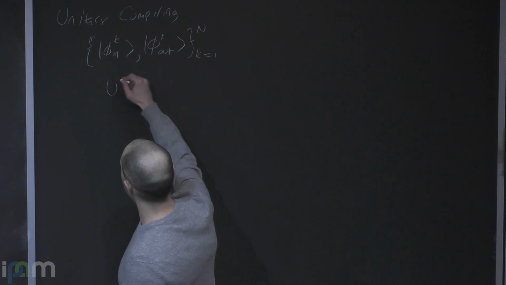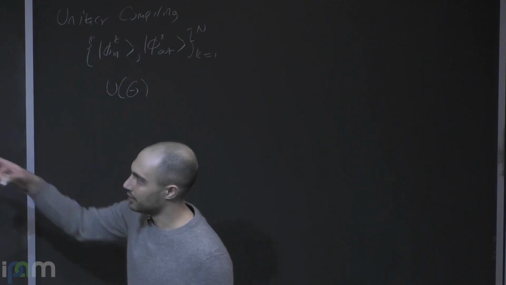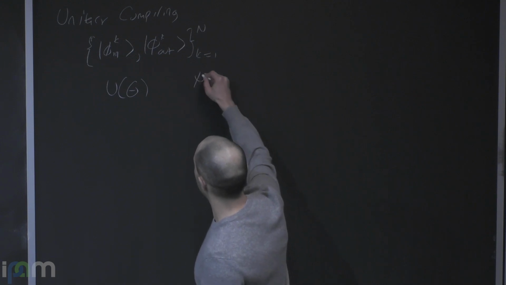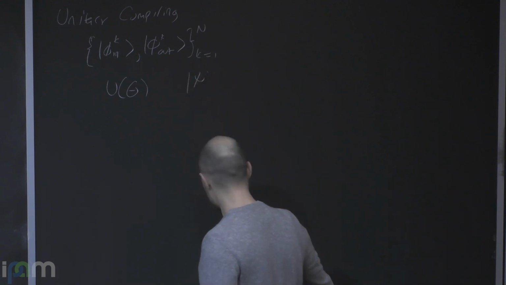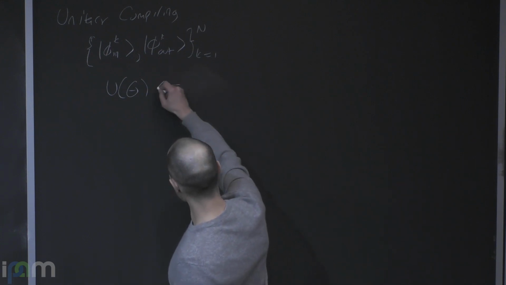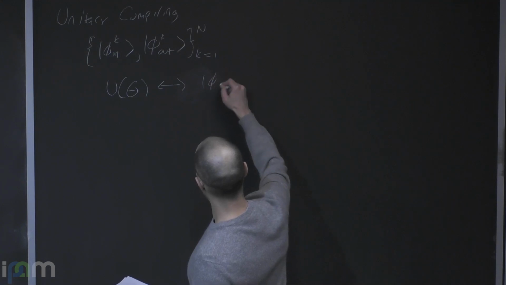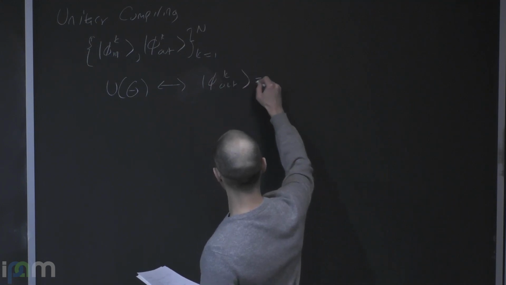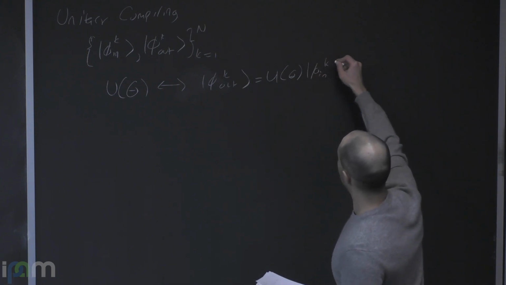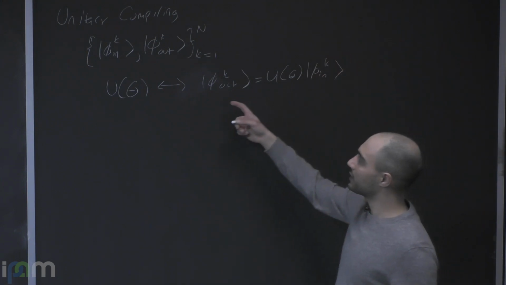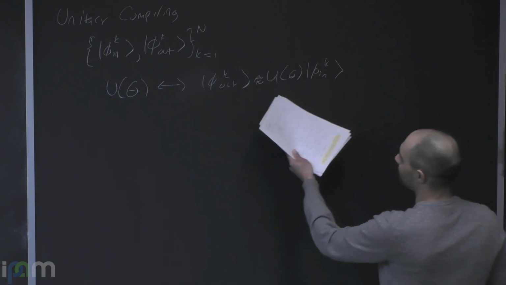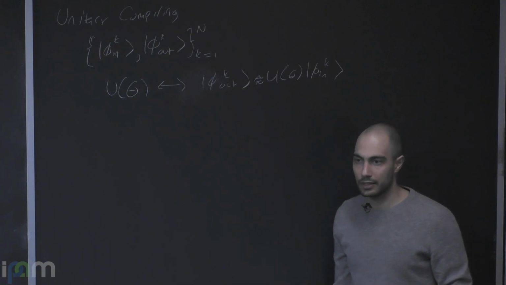We want to find some u theta so that, for all states, psi out k is equal to u theta psi in k, or I should say approximately true. We want to find some unitary that roughly constructs the state we actually desire.